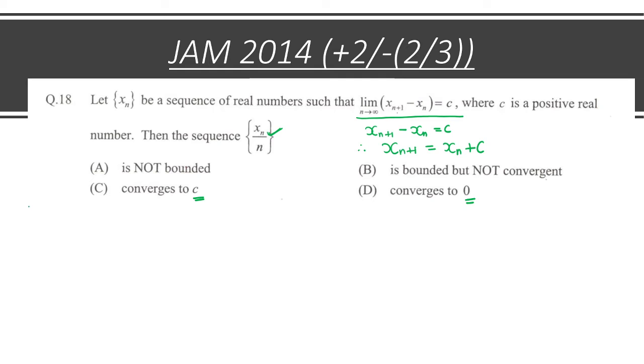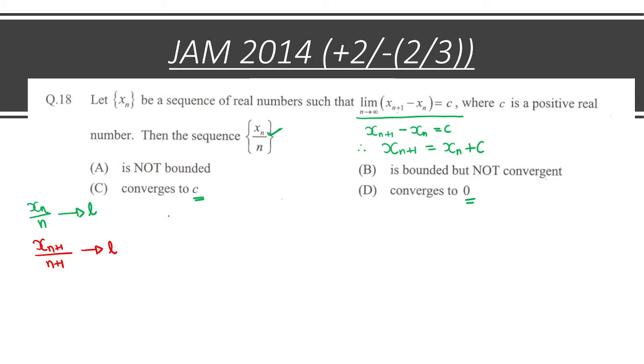So let us assume that xn upon n converges to L. So can I say xn plus 1 upon n plus 1 also converges to L? Yeah, it is like writing a default. If xn upon n goes to L, the next term also goes towards L itself.